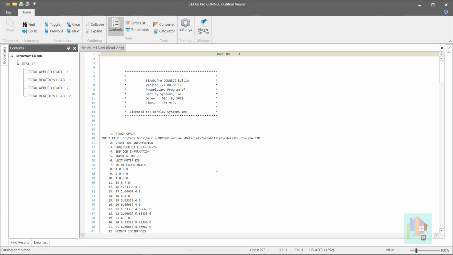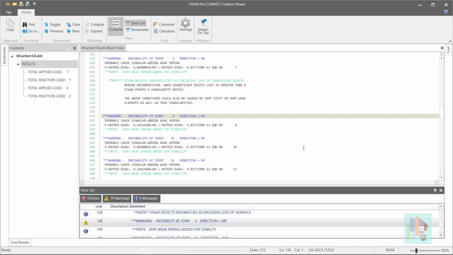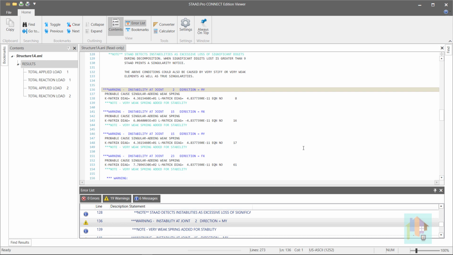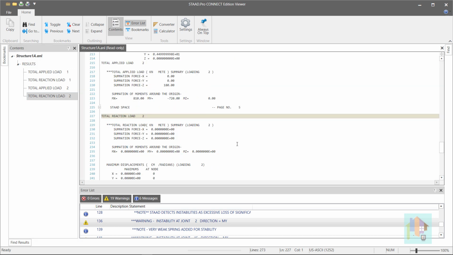Previously, it was 13 zero stiffness warnings. Additional warnings are reported for instability condition at nodes 2, 15 and 23. A very weak spring is added for stability to change the deflection from infinity to a very large value.